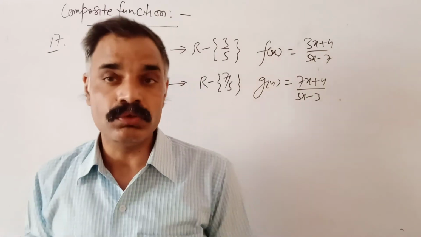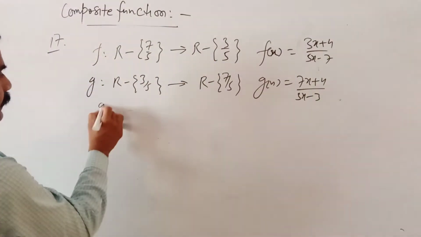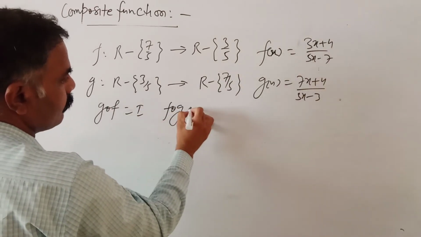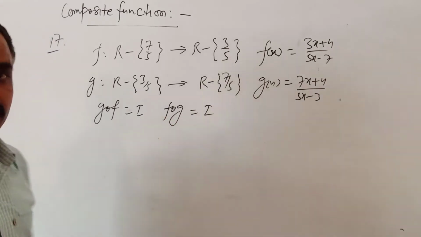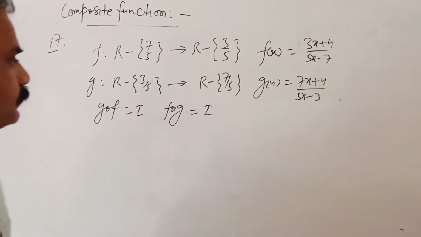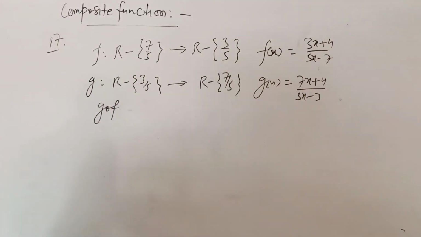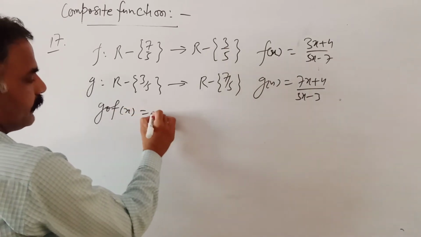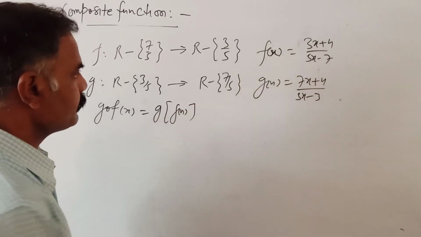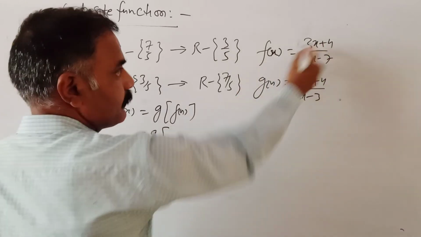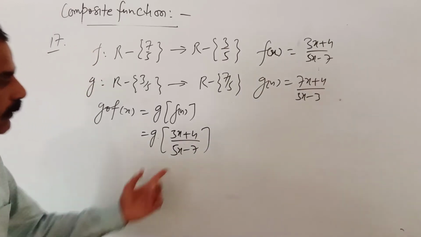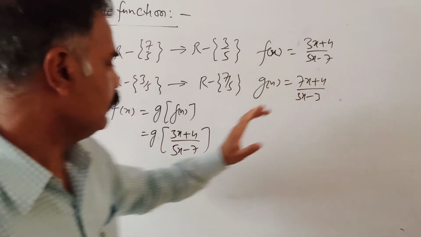Now we have to show that gof is the identity function and fog is also the identity function. So we have to find gof and fog. First of all we will find gof. gof of x equals g of f(x), where f(x) is (3x plus 4) upon (5x minus 7).